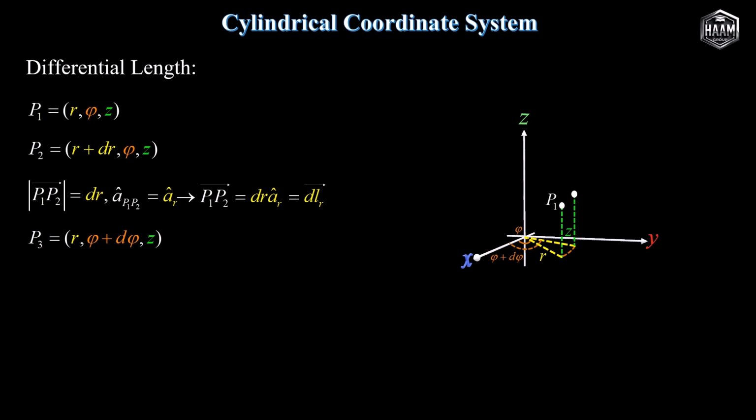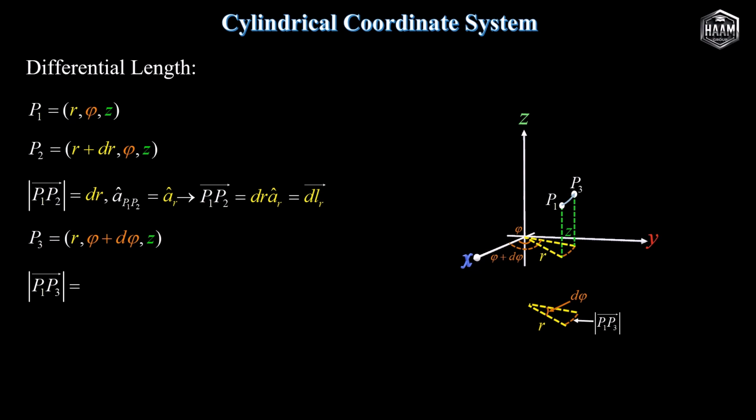This gives us point P3. Now we consider a differential vector from P1 to P3. We want to determine the length of the arc traversed. This is the angle d phi, and this is also the magnitude of vector P1P3, or in other words, the distance from point P1 to point P3.